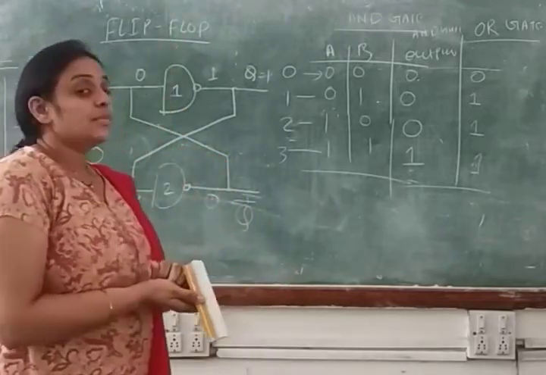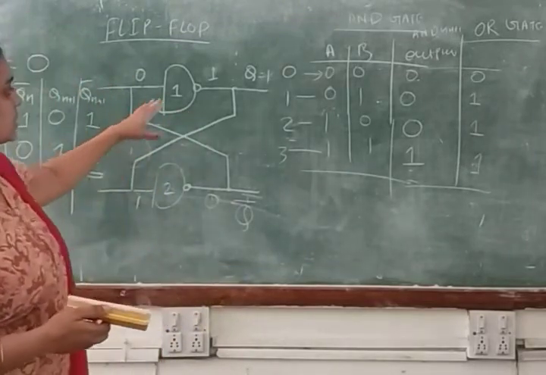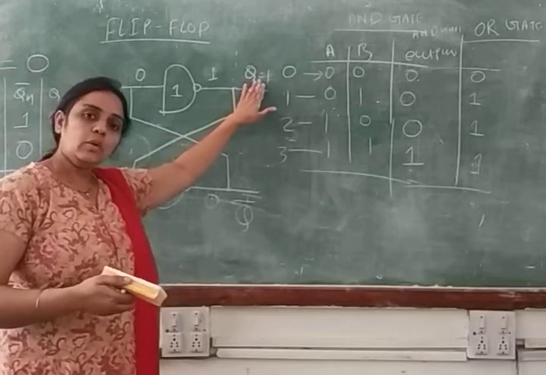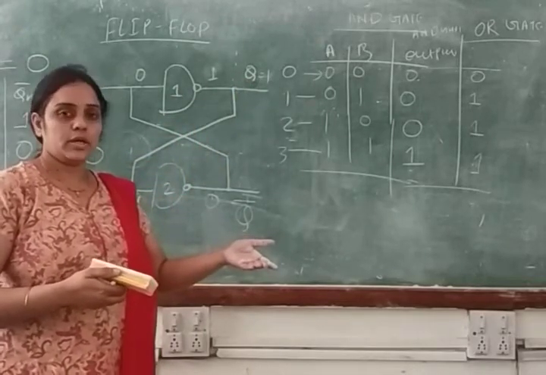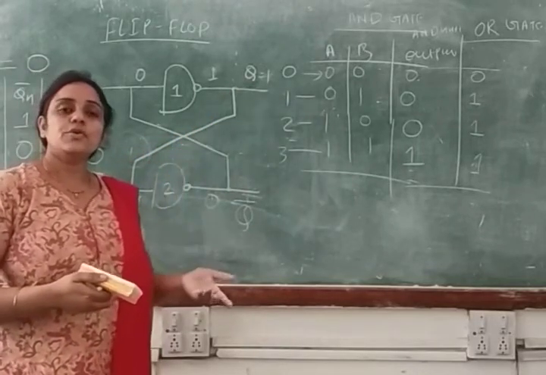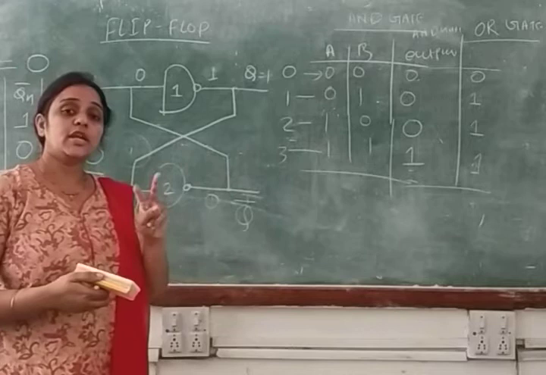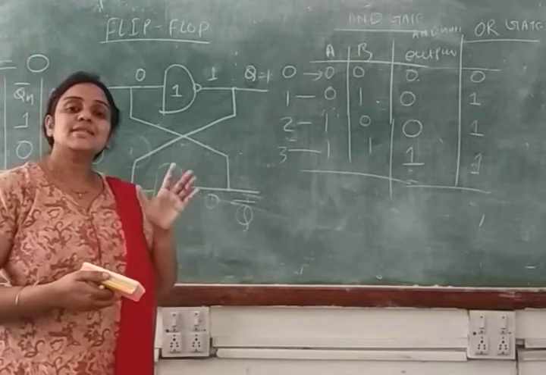This is a stable state. Why we are saying this is a stable state? Because if you are giving output 1, then next state output is again you are getting 1. If you are assuming Q equal to 0, then next state output you are getting 0, means you are getting two states, that is set or reset state, and these are your stable state.